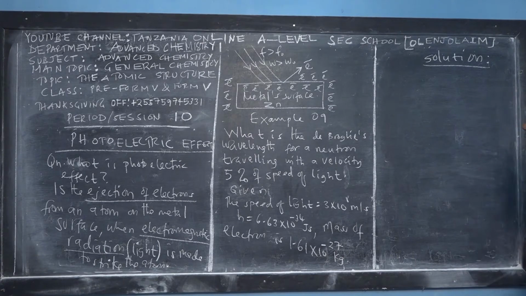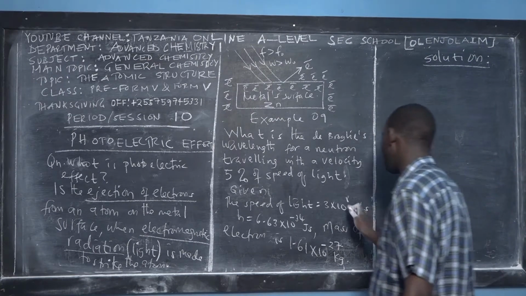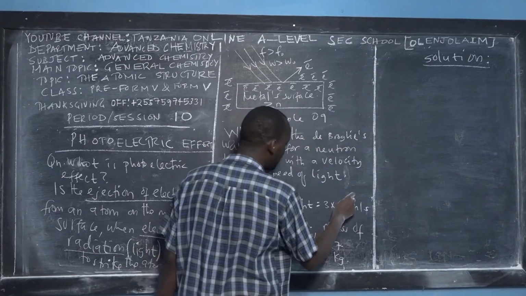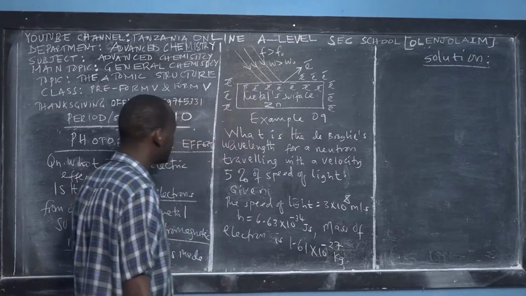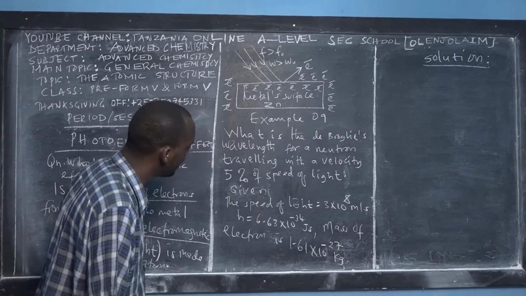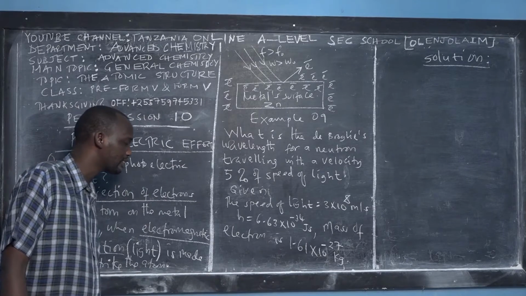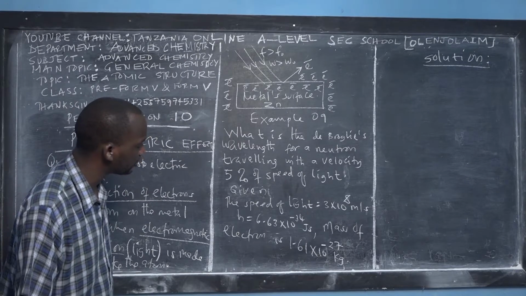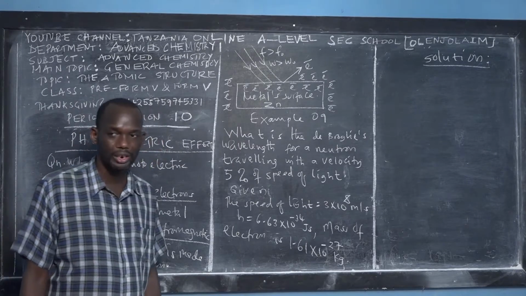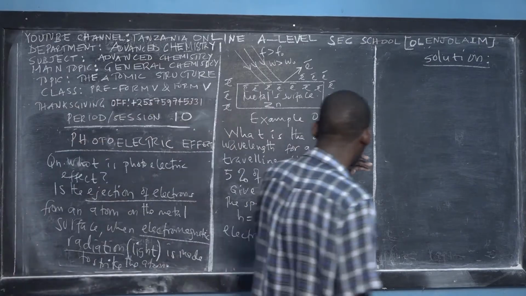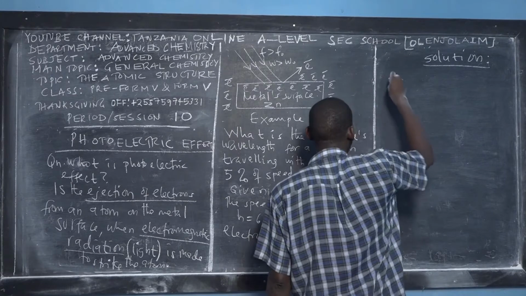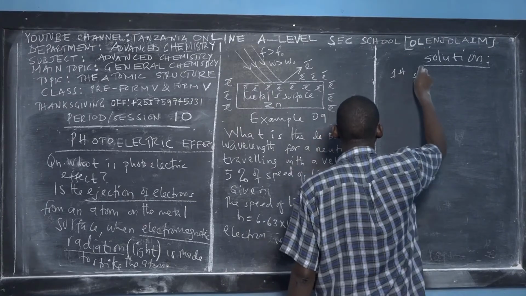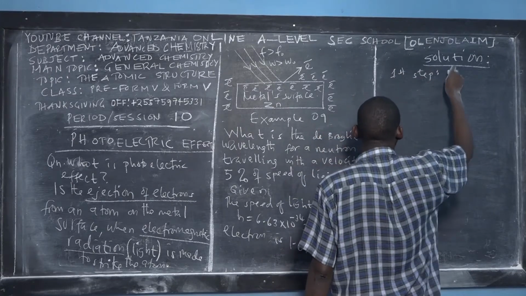Given the speed of light is 3 times 10 to the 8 meters per second, Planck's constant 6.63 times 10 to the negative 34 joule seconds, and mass 1.61 times 10 to the negative 27 kilograms. So the solution: let us start from what is given.